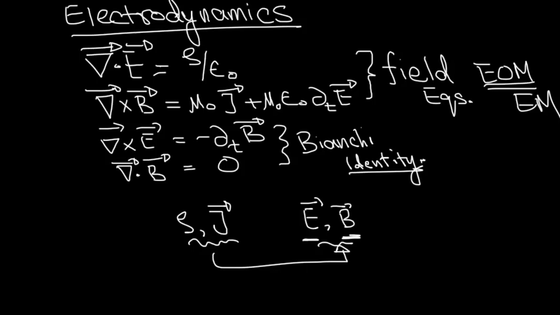So Maxwell's equations tell you how the sources ρ and J create the electromagnetic fields with some topological constraints.